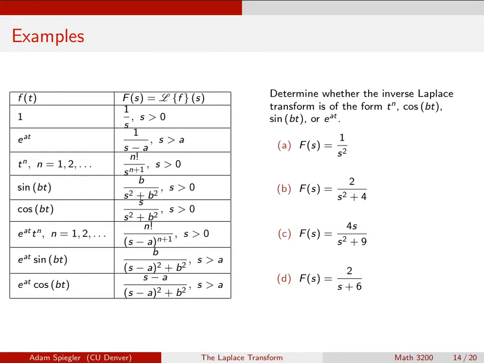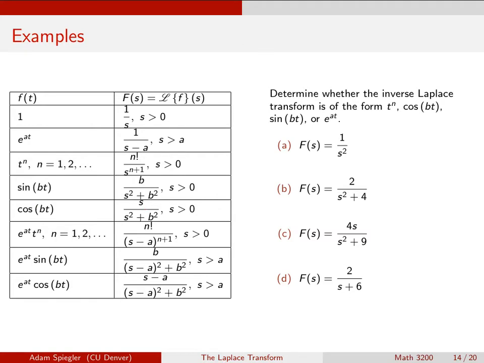Really what I want to do here is look at the structure of each of these functions, capital F of s, and based on what I see over here, we're going to reverse the process. I'm going to start in this column over here, try to identify which of these functions each example most closely resembles, and then work in this direction to identify the function whose Laplace transform gave us this.